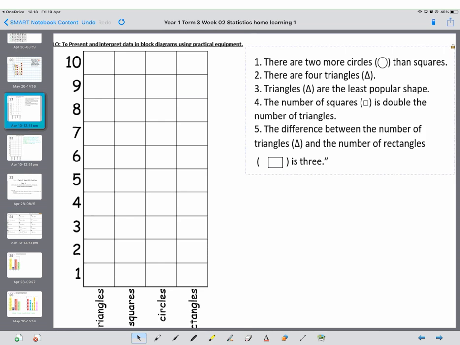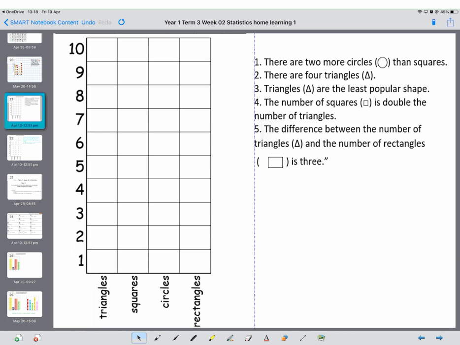So we could draw 4 triangles. 1, 2, 3, 4. Okay, now going to let you have a go at working out all the other parts of this by reading the questions. When you're ready, start the video again and I'll talk you through how we can get that information.